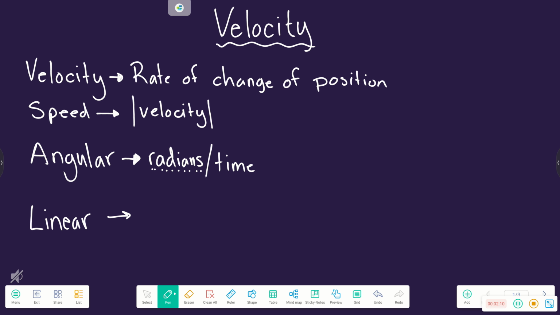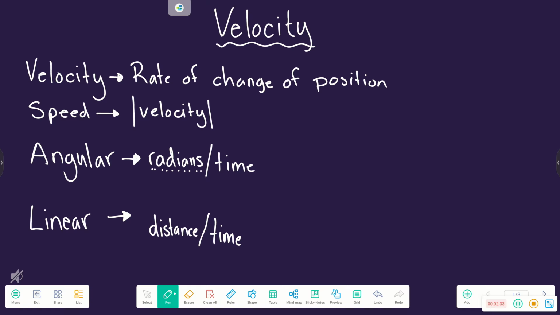For linear velocity, this is your more standard. So that's like your miles per hour, feet per second. Okay, so it's some kind of distance over time. Okay, so think about our rate formula. Linear velocity is very similar to rate.